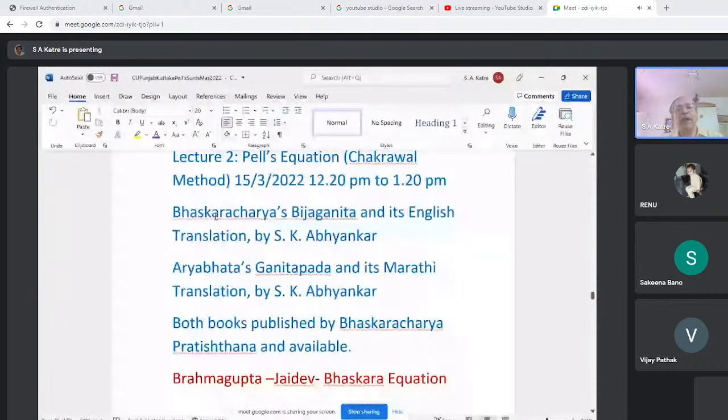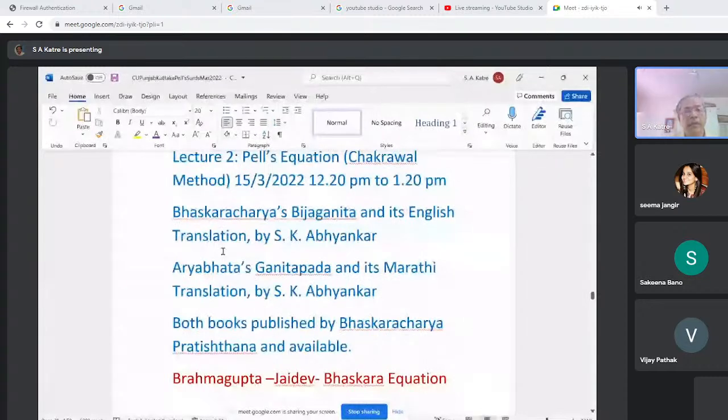and it is written by S.K. Abhyankar. Those who know Professor Shreeram Shankar Abhyankar, who founded the Bhaskaracharya Pratishthan, he is a very well-known algebraic geometer. He has made great contributions to algebraic geometry, and his father was also a mathematician. He was a mathematics professor, and he translated Bhaskaracharya's Bijganit in a very nice way, and Aryabhata's Ganita Pada.